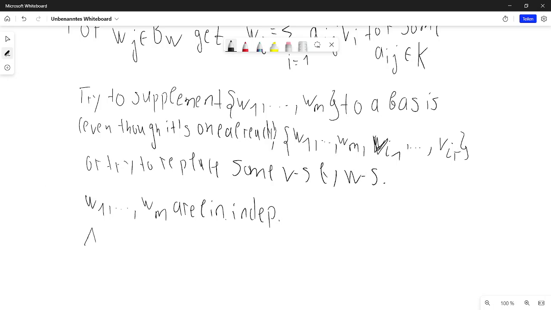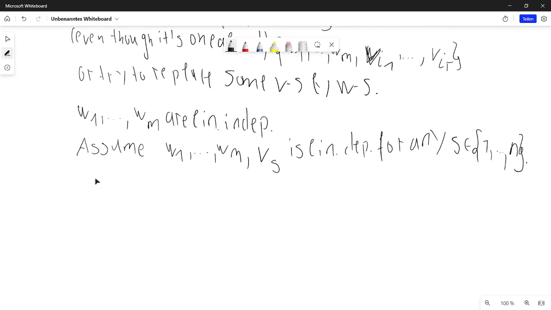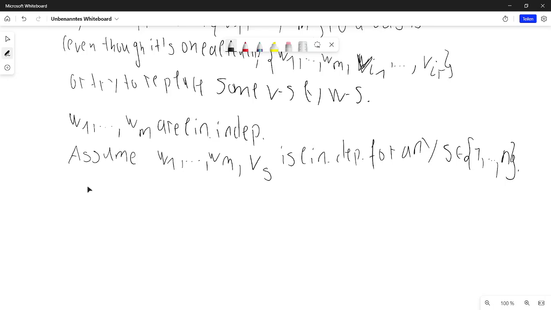So W1, ..., Wm is linearly dependent only as... any vector that we take on basis B, these vectors will be linearly dependent. Right.